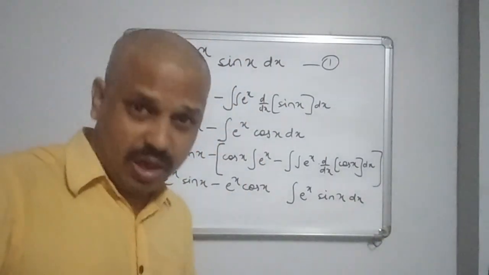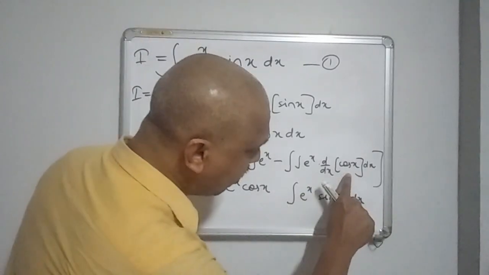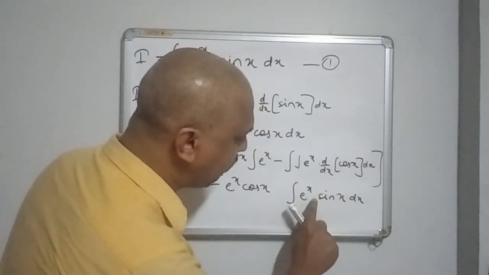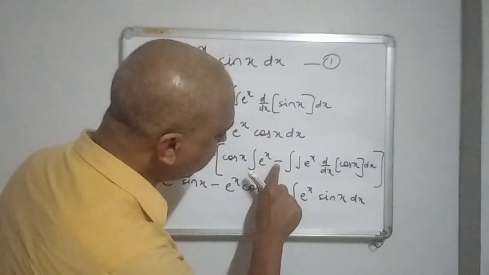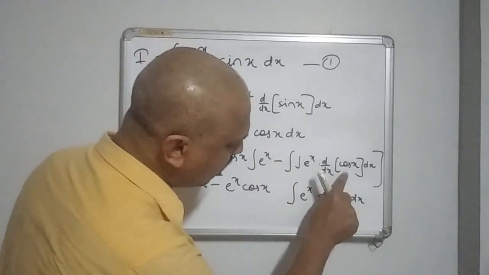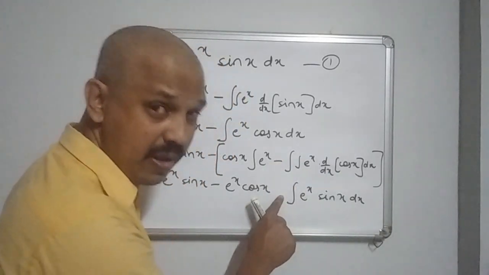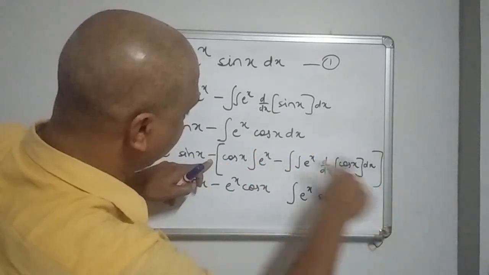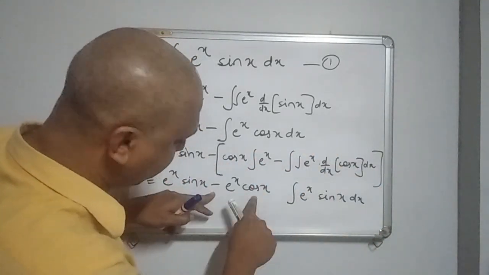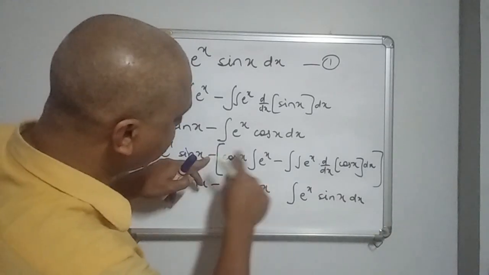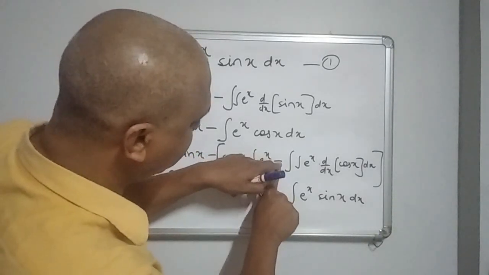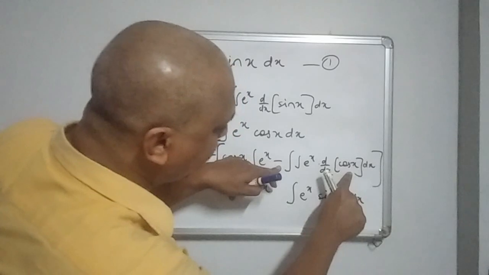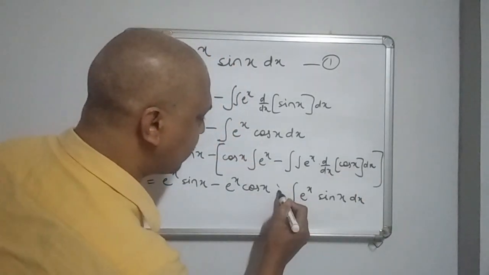So please be careful about this. Derivative of cos x is minus sin x, so there will be a minus sign here, but there is a minus sign here as well. So minus into this minus will be plus, but there is a minus sign of this entire bracket. So minus into this is already absorbed minus sign here. Minus of minus will become plus, and then in the bracket there will be minus cos x, so it is effectively minus.